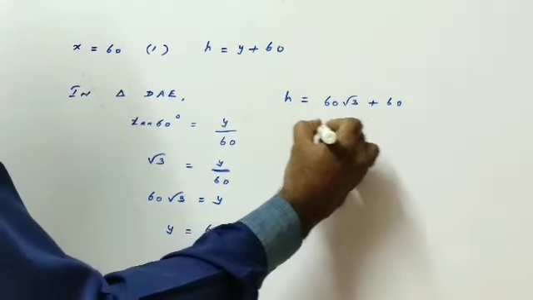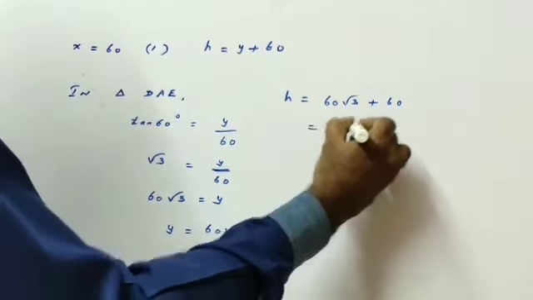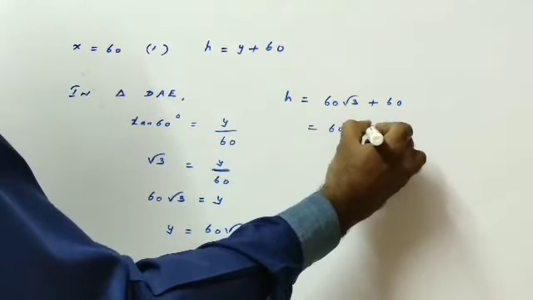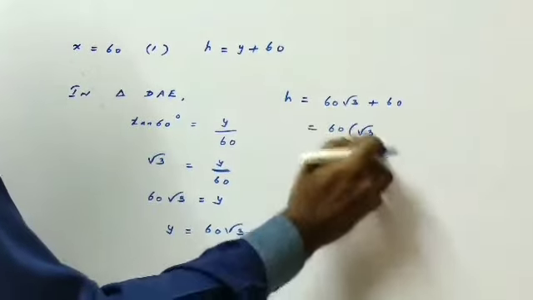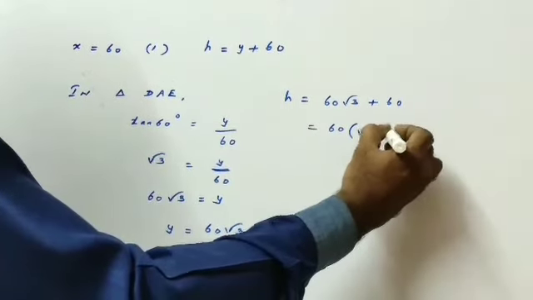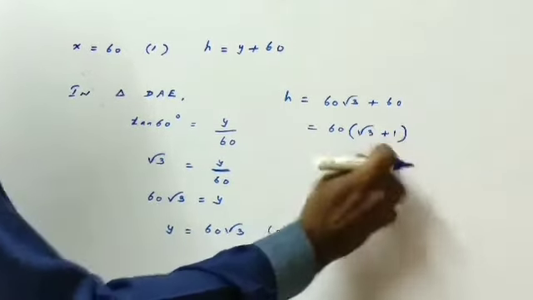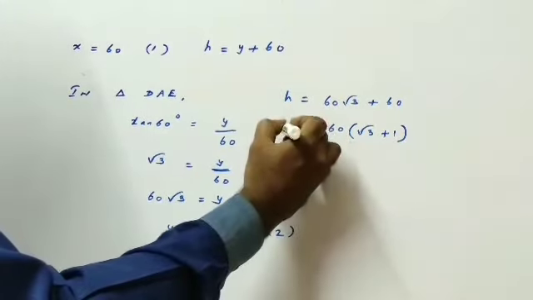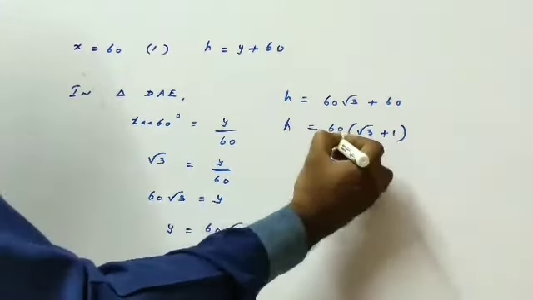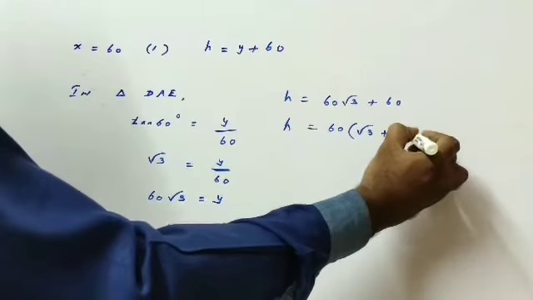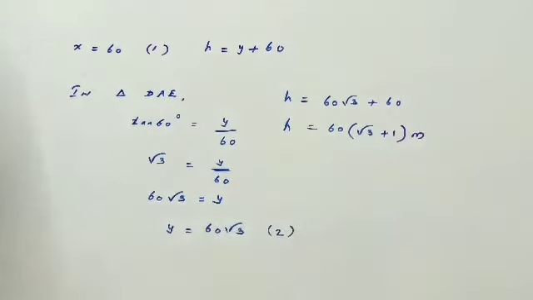Now we can take 60 as common, so the remaining term is root 3 plus 1. So the height of the house is 60 into root 3 plus 1 meter. This is what we had to prove, proved.